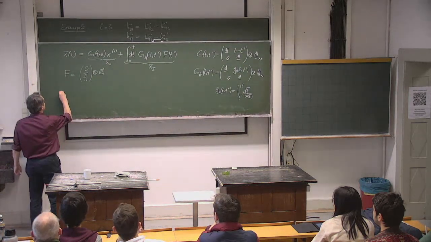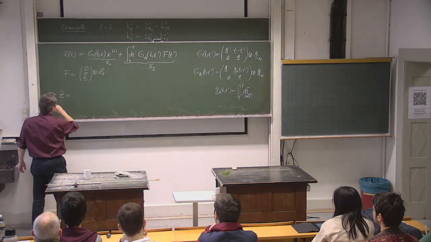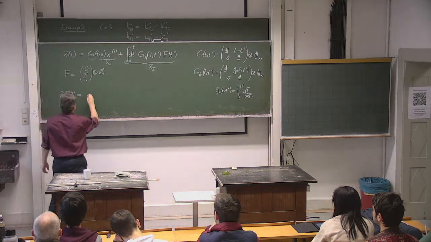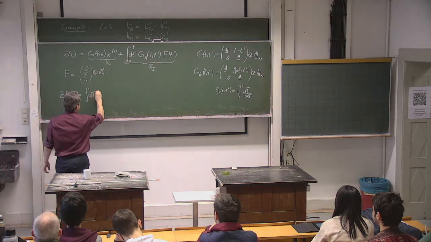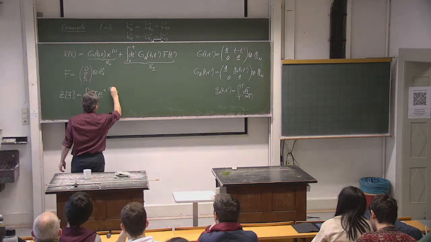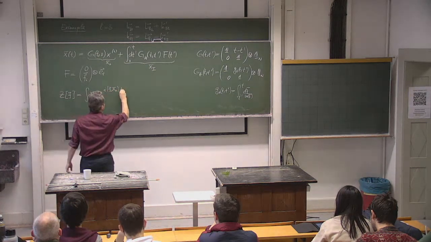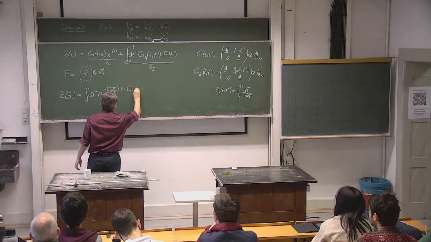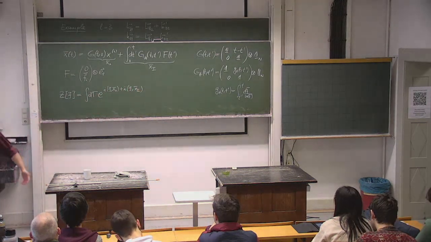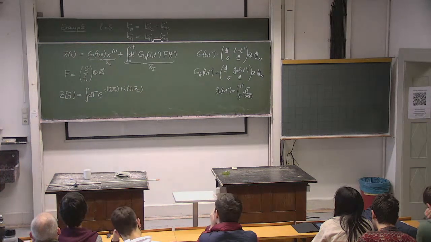Now, I can write the generating functional, including interactions, as this part and an interaction part. And of course, I need to deal with that in some way or another. Now, that's the goal, right?